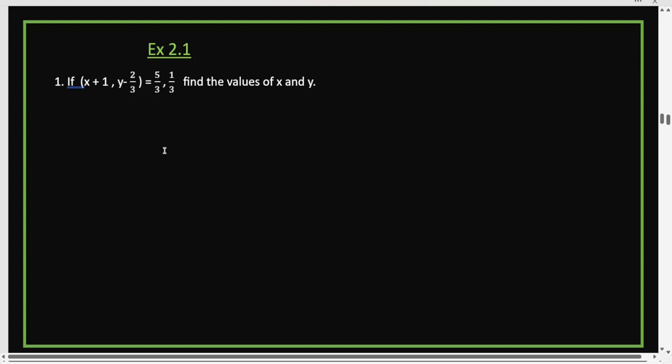When two ordered pairs are equal, then, as we have seen in the introduction, the first element of this pair should be equal to the first element of the second pair. The second element of this pair is equal to the second element of the second pair. By that, we can solve for x and y easily.